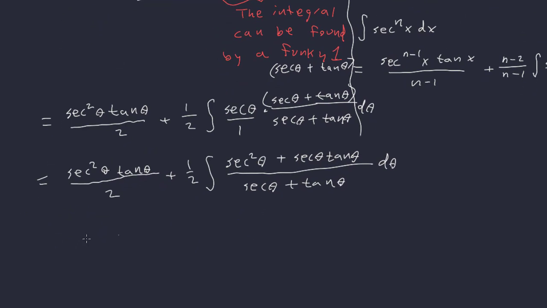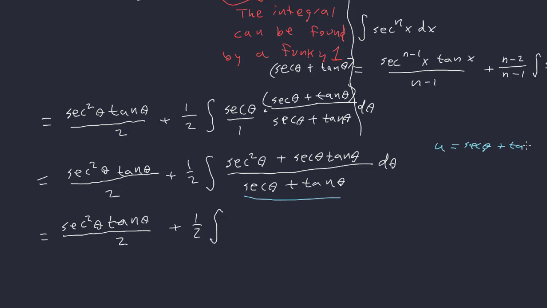Okay. Now, again, this part stays the same: tangent theta all over 2 plus 1/2. And here we go. This is just a u substitution, because if we let the denominator be u, so if u is secant theta plus tangent theta, well, that's going to make du.